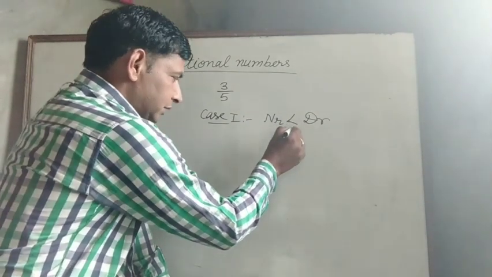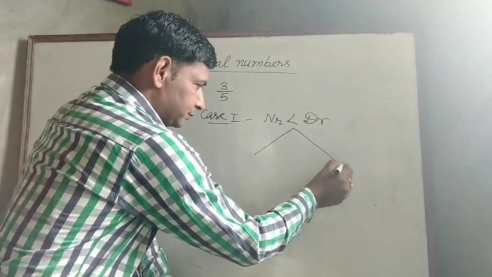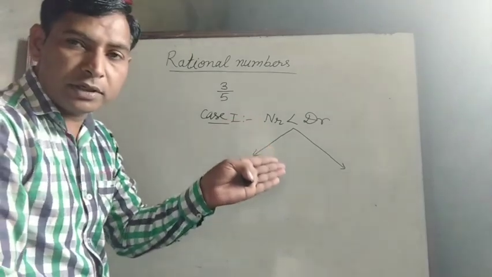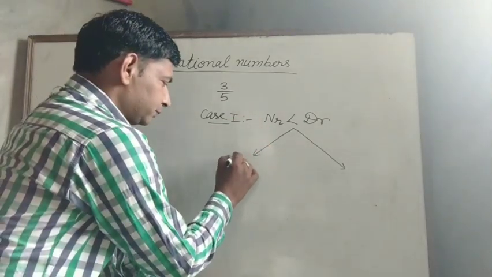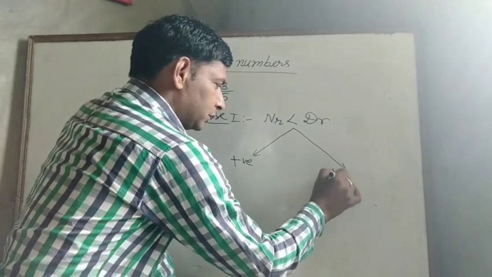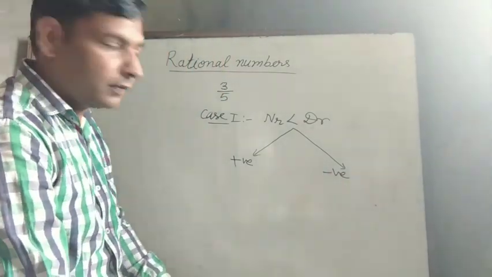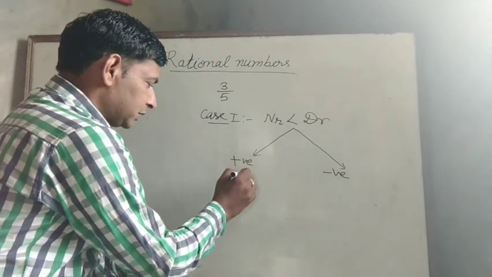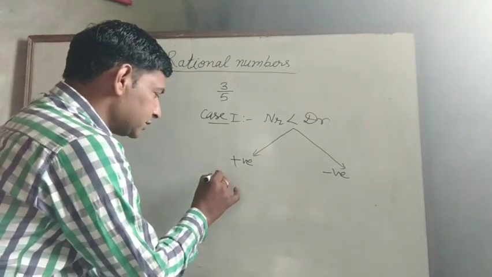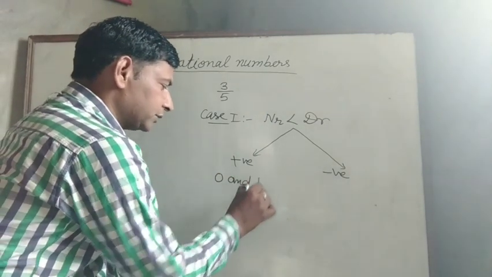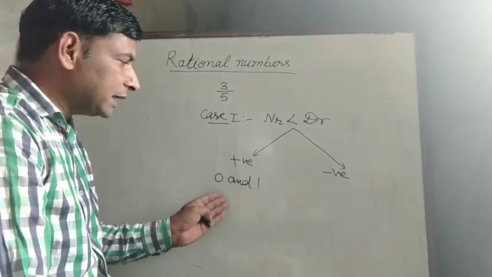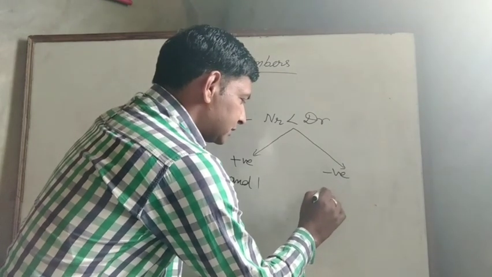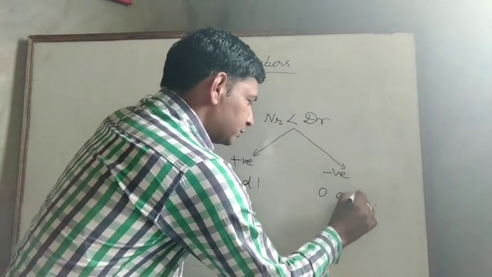In this case there are two more cases, if this type of number is positive or negative. If this number is positive, then this number lies between 0 and 1. And if this number is negative, then it lies between 0 and minus 1.